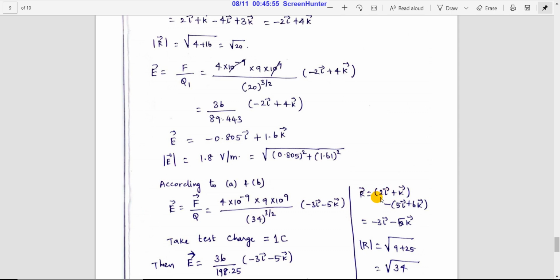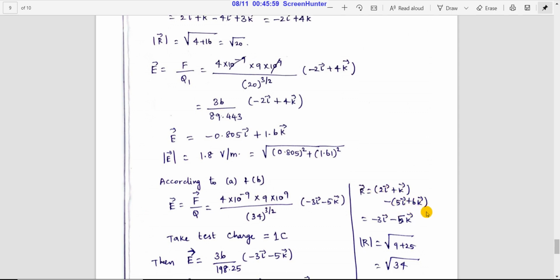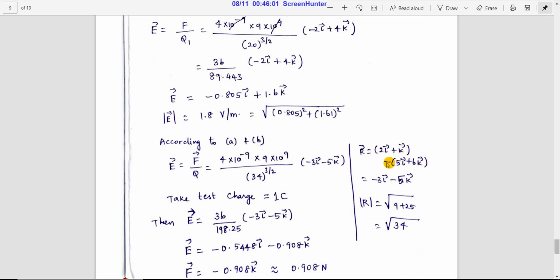So 2i vector plus k vector minus 5i vector plus 6k vector. If you simplify this, then you will be getting minus 3i vector minus 5k vector. So if you find out the value of R vector magnitude, then 3 square is 9, 5 square is 25, so 25 plus 9 is 34, that is root of 34.